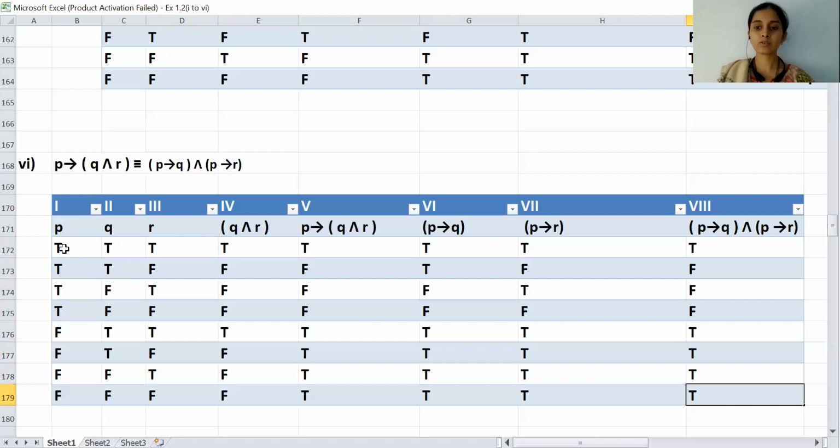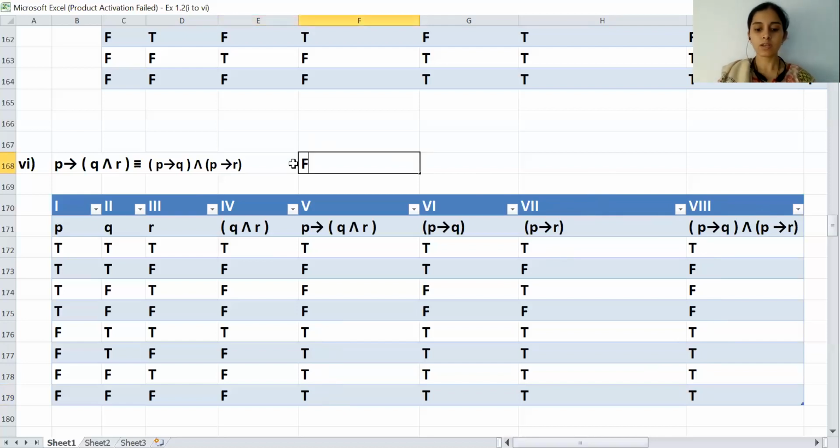Okay, so let us check which two columns have to be equivalent. P implies (Q and R) is your column 5. So it is T, F, F, F, T, T, T and T. And your right hand side is the 8th column. So T, F, F, F, T, T, T and T. So yes, what will we write over here?